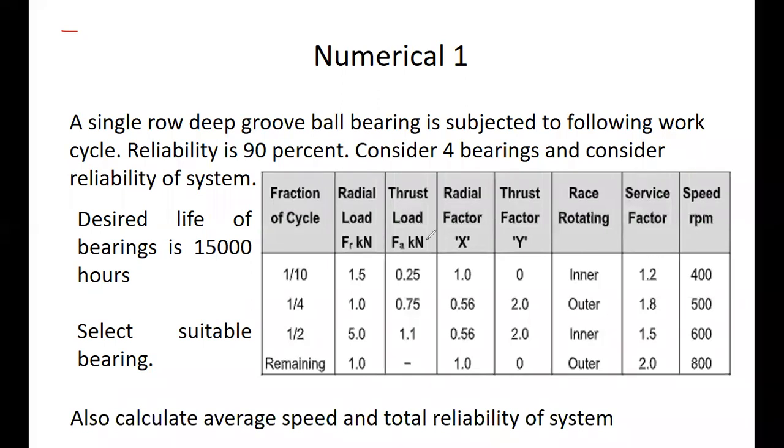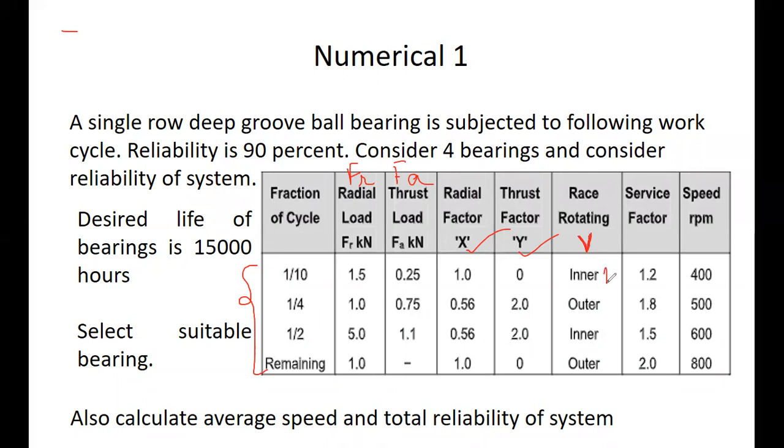Let us take a look at this table also, that 4 bearings are given, right? Radial load FR is given, thrust load FA is given, radial load factor X, thrust load factor or axial load factor Y. Inner race is rotating.